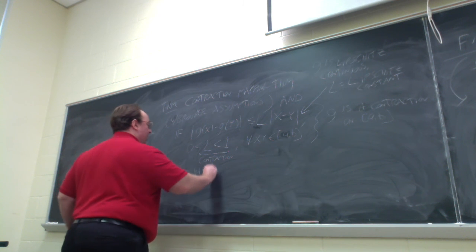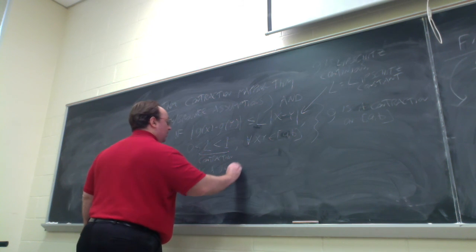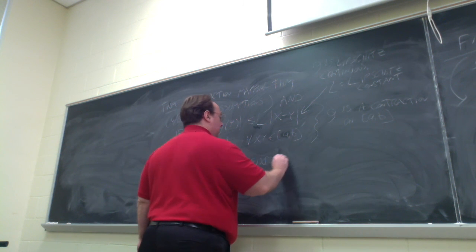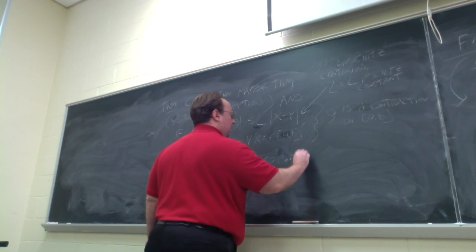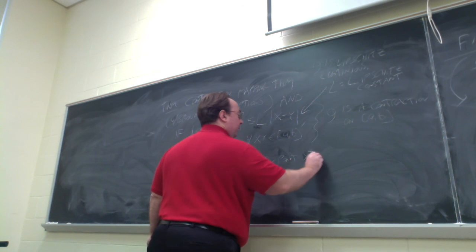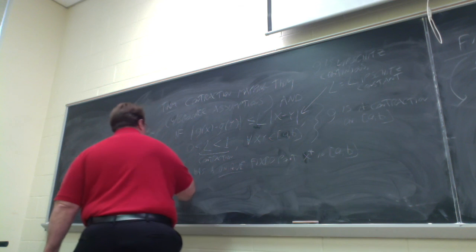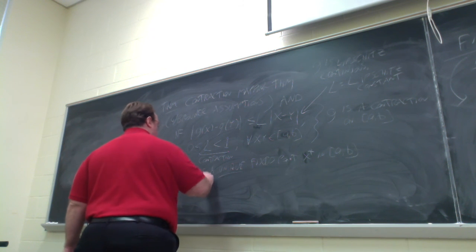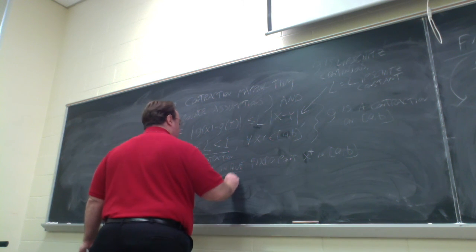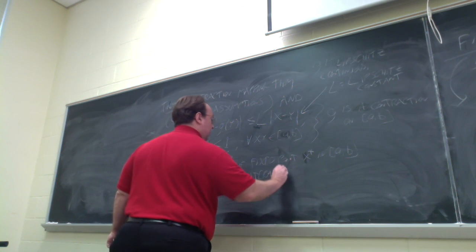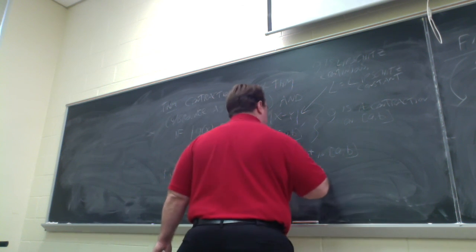Then we say that G has a unique fixed point in the interval AB, and even better, fixed point iteration is guaranteed to converge.